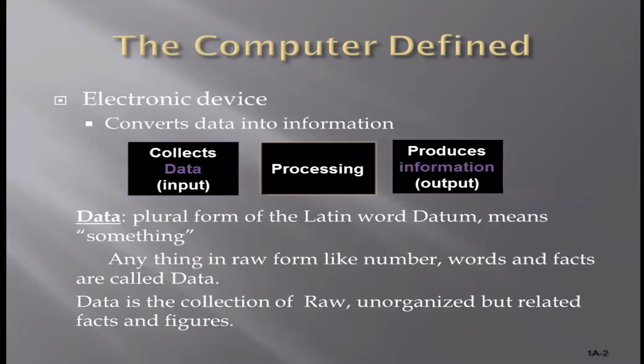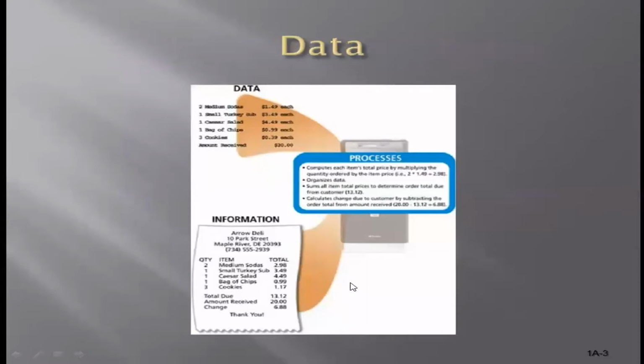Data has no meaning of its own when it is not processed. When we do not put data in a sequence, it has no meaning by itself. But when we keep the data in a sequence, our computer processes it and converts it into a meaningful form, and this meaningful form is called information.